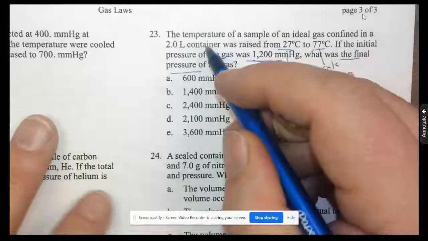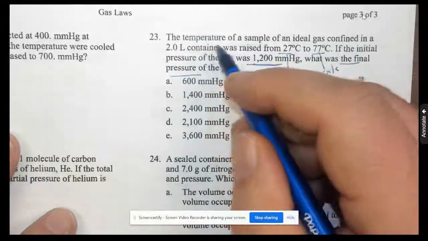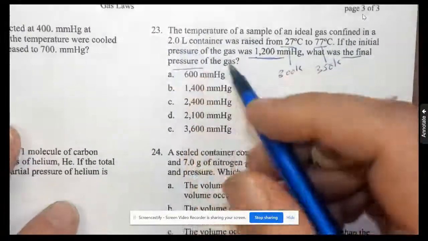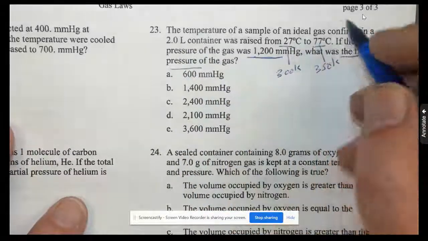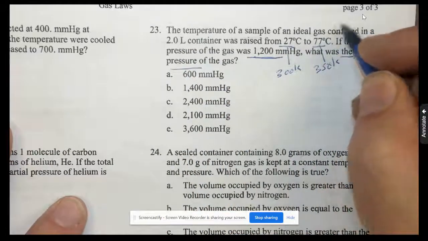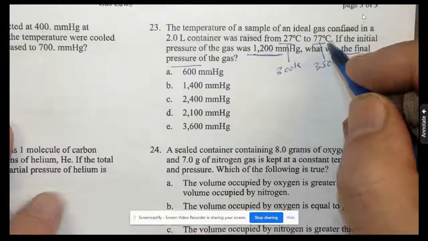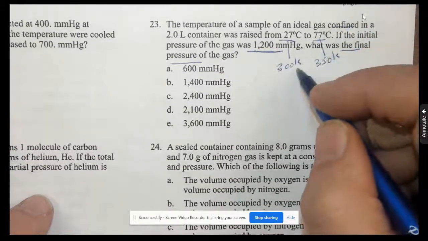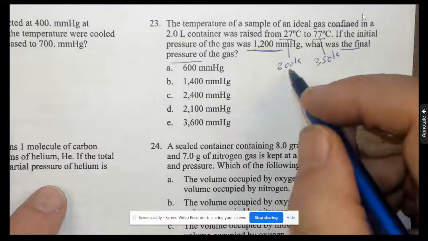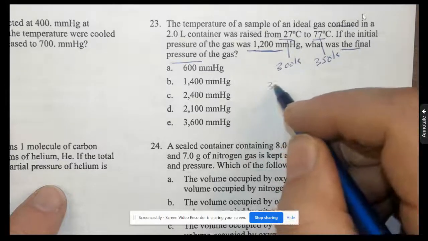Well, we're assuming that the temperature was the only thing that changed, that the volume and the moles did not. We can safely assume that. It says it's confined, so it's sealed. So how much did my temperature go up? It went up from 300 to 350.